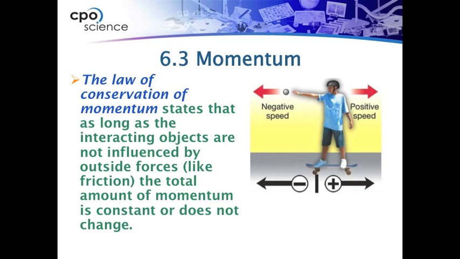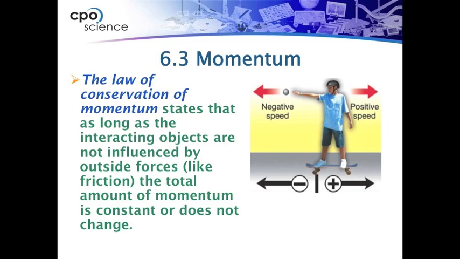So when objects collide and when objects interact, we like to say that momentum is conserved. What that means is we're looking at the law of conservation of momentum, which very simply put means that the total momentum of a system before a collision or an interaction will equal the total momentum of the system after the collision or interaction.